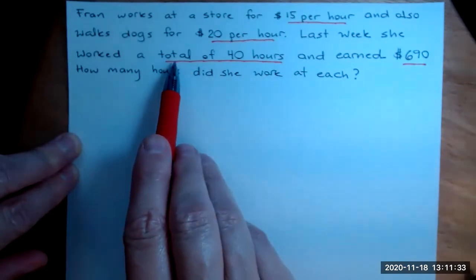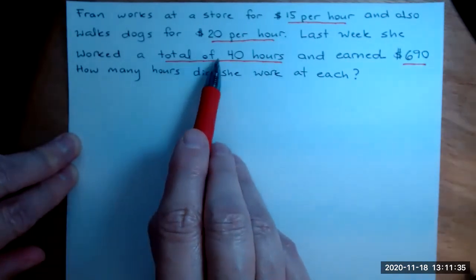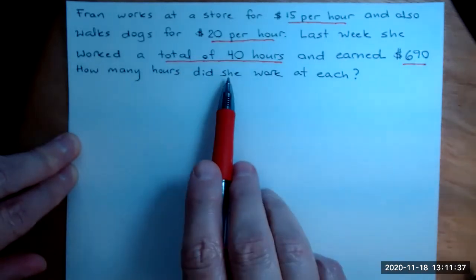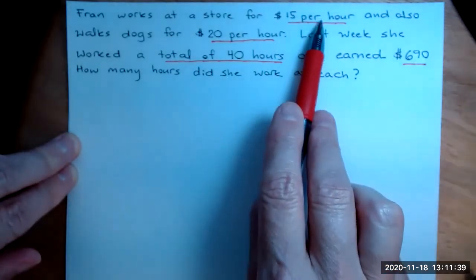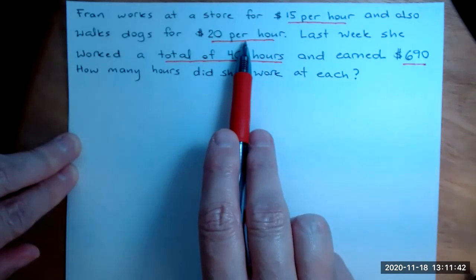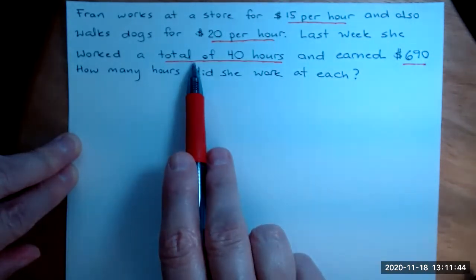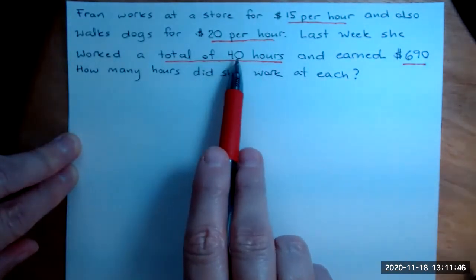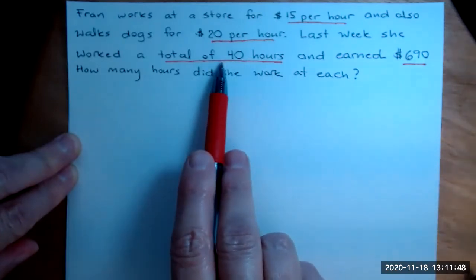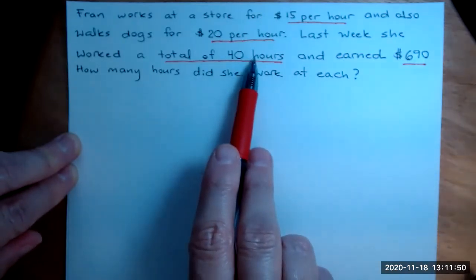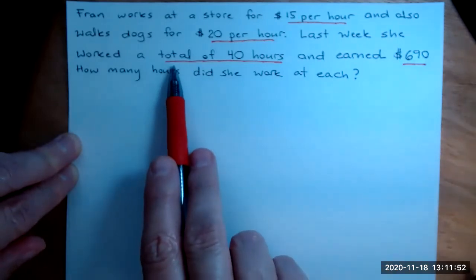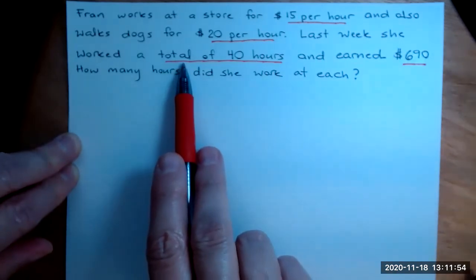So in this one, we're not given a relationship between the two quantities. We're looking for the number of hours working at the store and the number of hours walking dogs. And normally there'd be a statement like, she walked dogs 5 more hours or worked at the store 3 times as long.